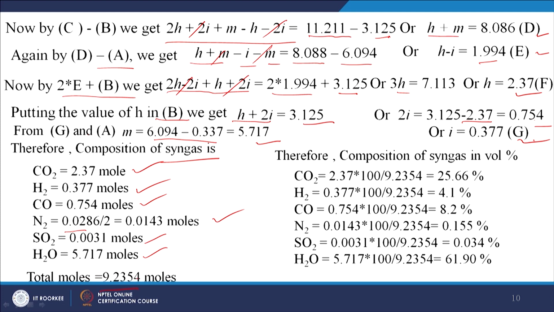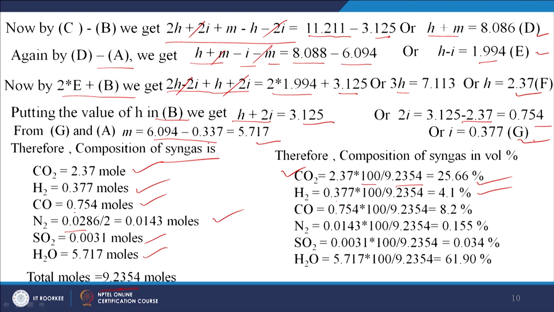So, what will be the percentage? Percentage of CO2, that is equal to 2.37 into 100 divided by 9.2354. So, it is becoming 25.66%. Similarly, for hydrogen it will be 0.377 into 100 divided by 9.2354. So, it is coming 4.1%.